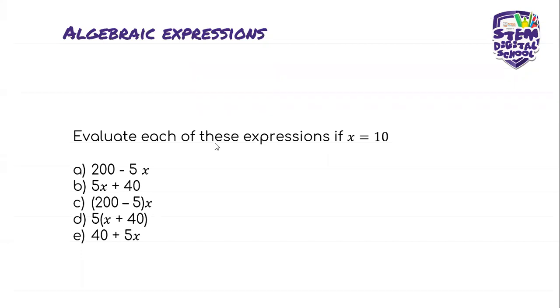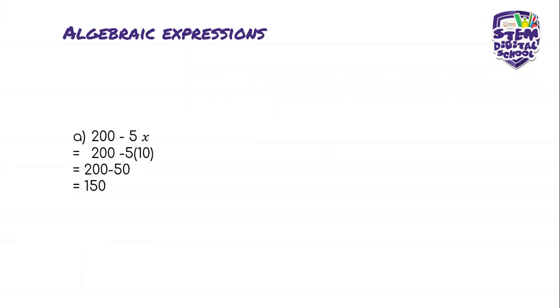So first things first, we have 200 minus 5x. And since we know that x is 10, where there is x, we are just going to substitute 10.